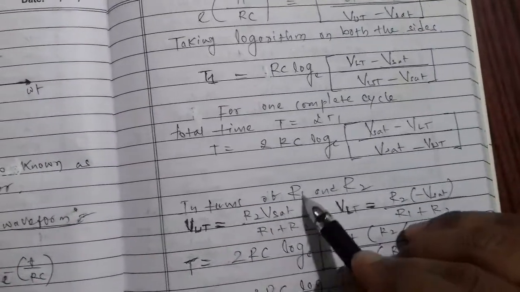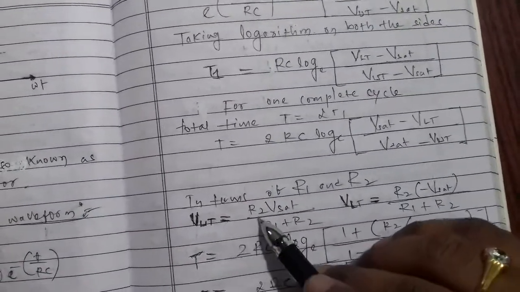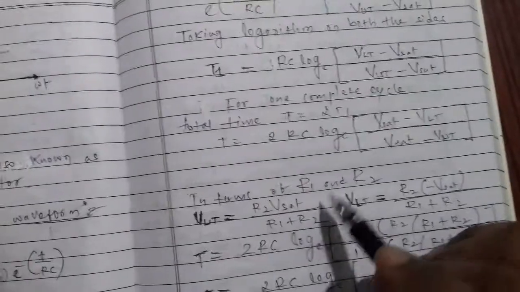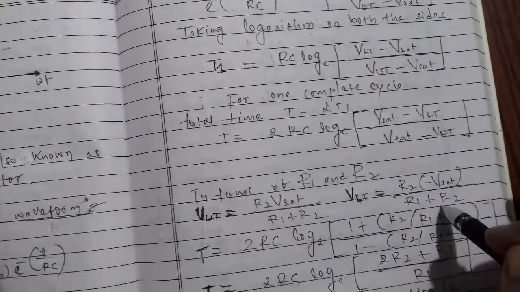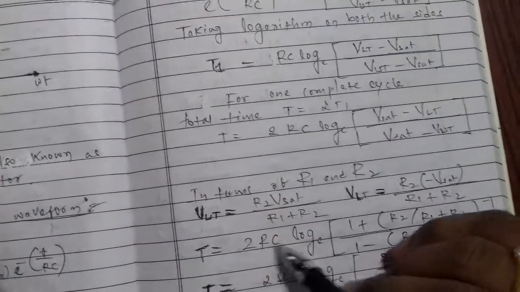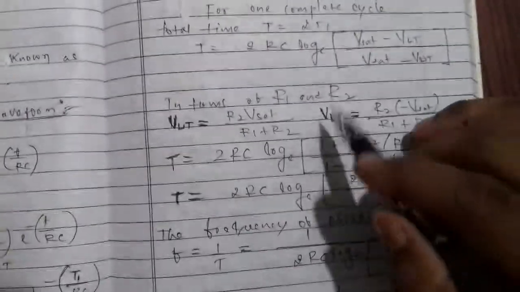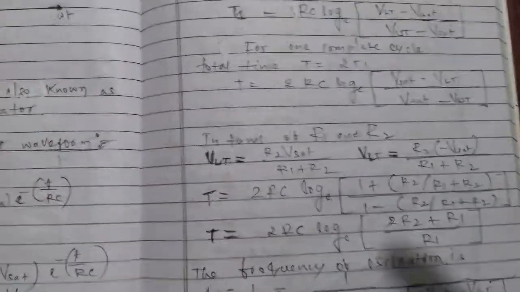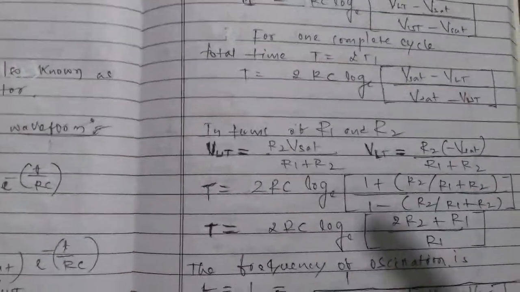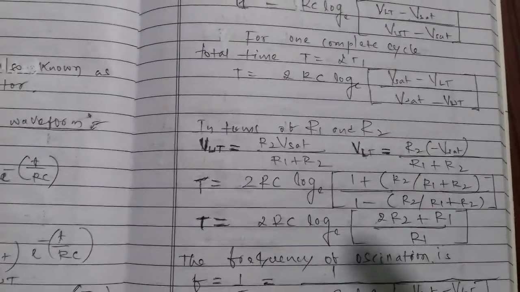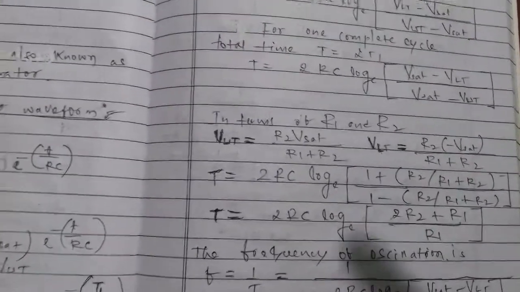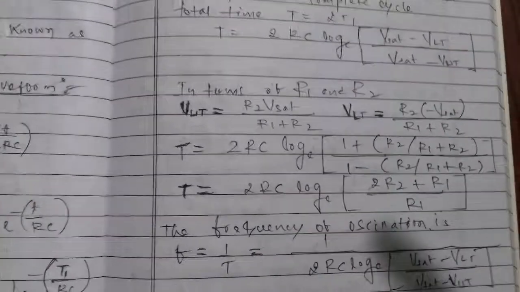In terms of R1 and R2, the upper threshold voltage is R2 V saturation upon R1 plus R2, and VLT is equal to minus R2 V saturation upon R1 plus R2. T is equal to RC log of 1 plus R2 upon R1 plus R2, over 1 minus R2 upon R1 plus R2.